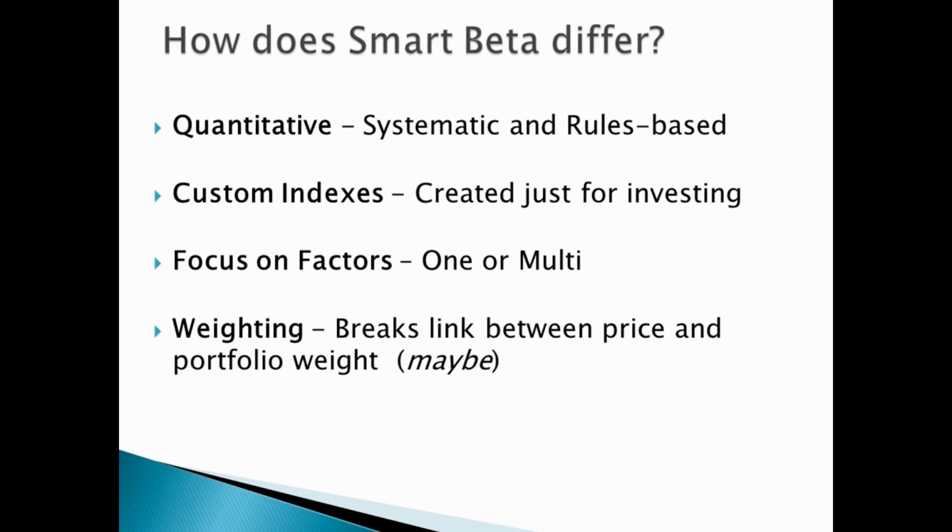The weighting in the portfolio is very much based on the market cap. With smart beta, the weighting should differ in some way. Now, I say maybe here in parentheses because some funds that market themselves as smart beta have not actually broken that link or haven't broken it as well as other funds. And we'll discuss this in a little more detail in a moment.